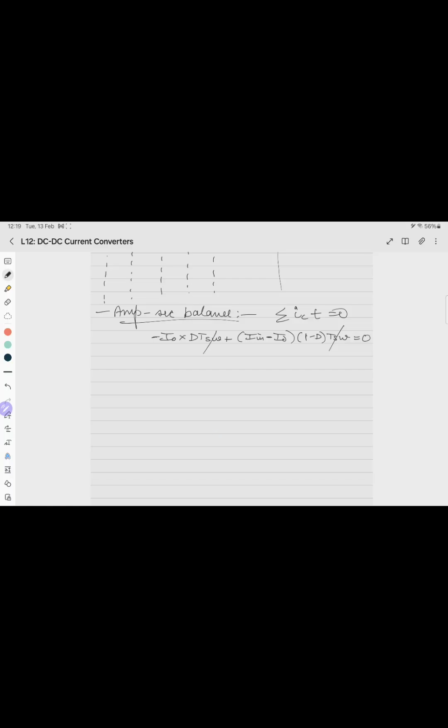I'll cancel this T switching. It will be I naught D equals I in minus I naught into 1 minus D. Sending I naught to this side, what I'll get is I naught in bracket D.